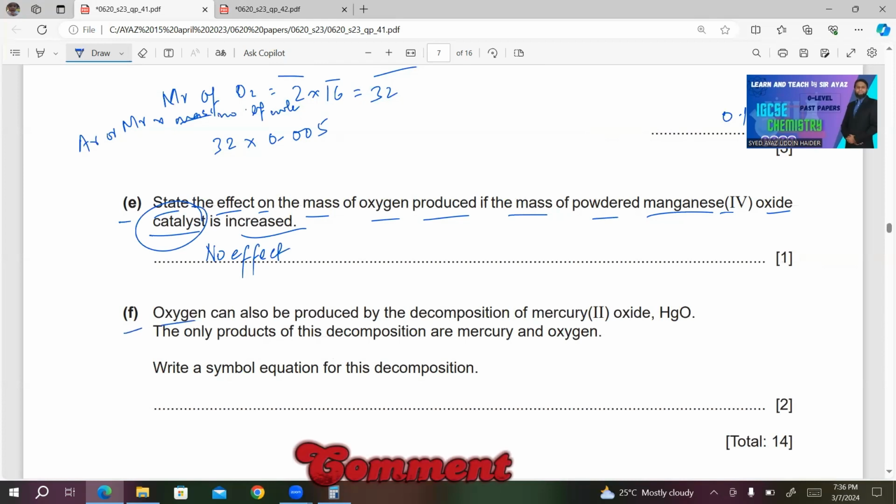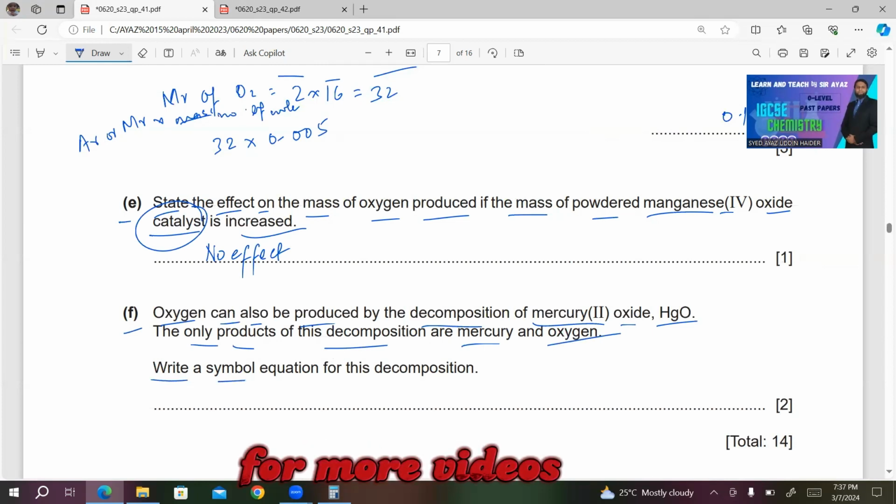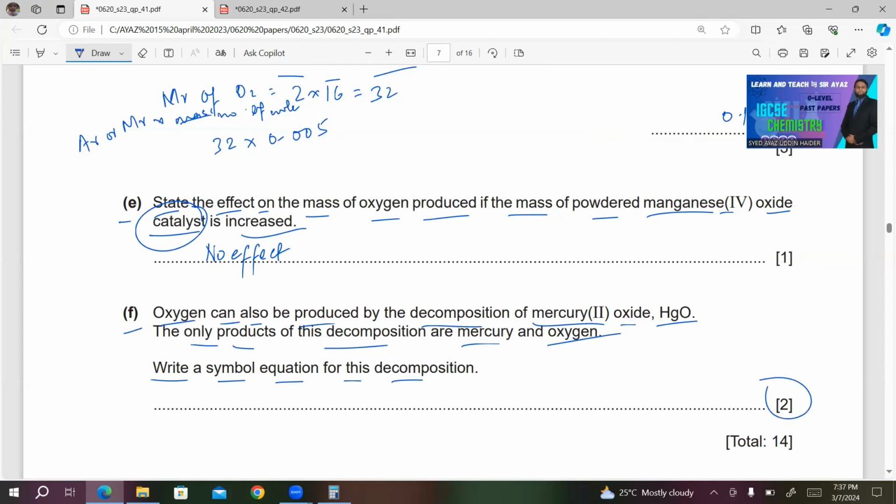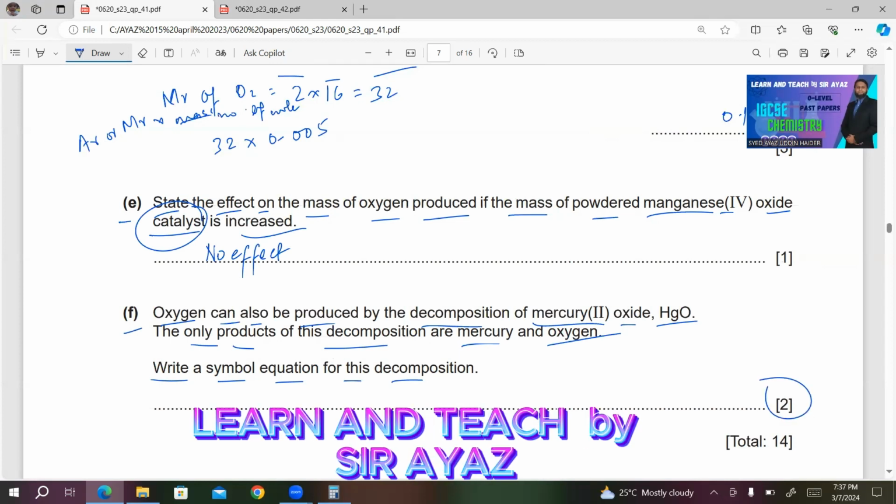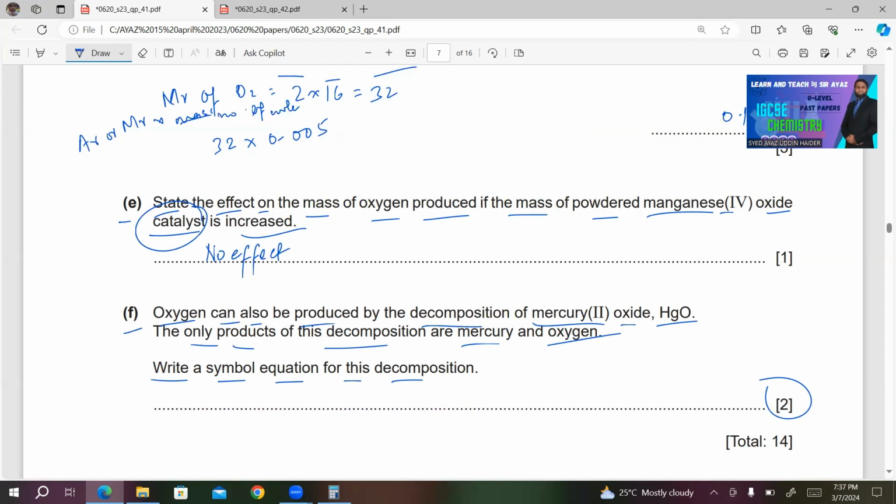F. Oxygen can also be produced by the decomposition of mercury 2 oxide, HgO. The only products of this decomposition are mercury and oxygen. Write a symbol equation for this decomposition reaction. So it's of 2 marks, which means that we have to balance the equation. What is the formula of mercury 2 oxide given?